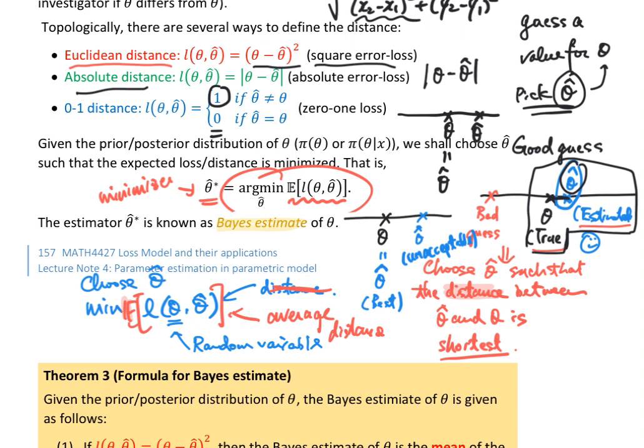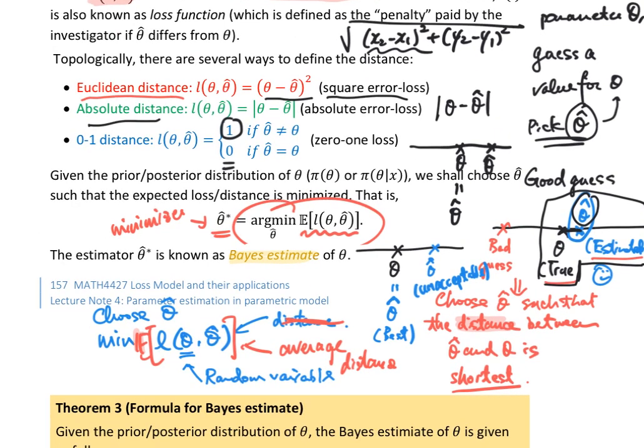So this is how we do point estimation. We choose the single guess such that the distance between your guess and the true value is minimized. Now the question is, there are three possible choices of this loss function.